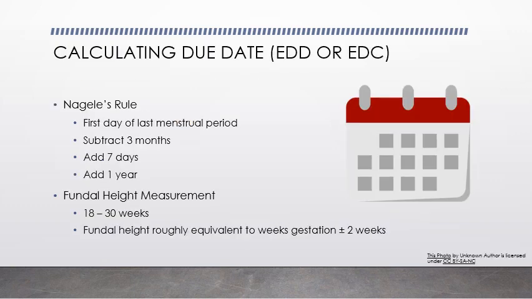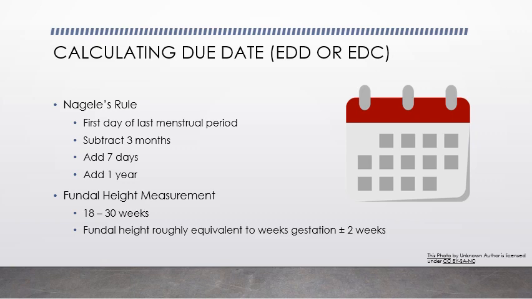This slide too is very important because it's going to help you calculate the due date for your pregnant client. We use Nagel's rule, and we would want to ask that birthing person what the first day of their last menstrual period is. From there, you should subtract 3 months.